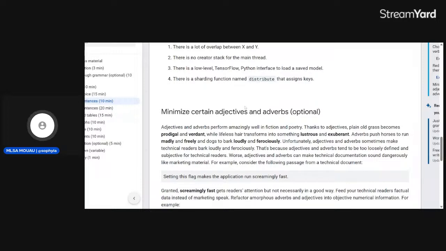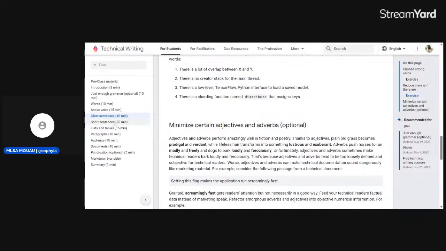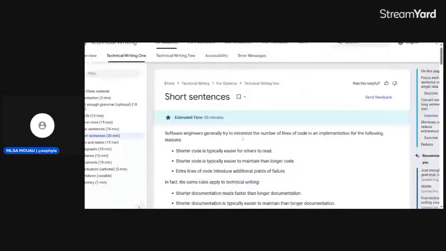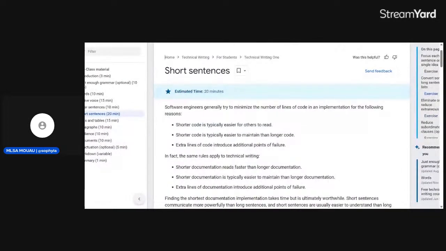So next up, let's talk about how to efficiently use short sentences. In technical writing, it's always best to use short sentences to pass your message across.